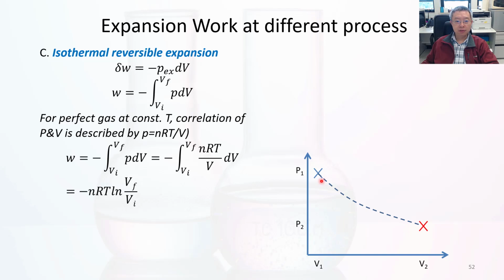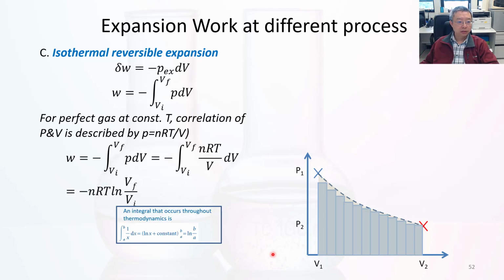In this diagram, the work is the area under the curve. Again, this pressure is the external pressure. Essentially, the integration means we are taking infinitely many steps to get the work done. This is very simple.